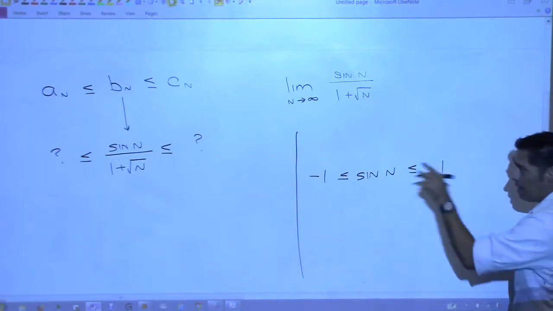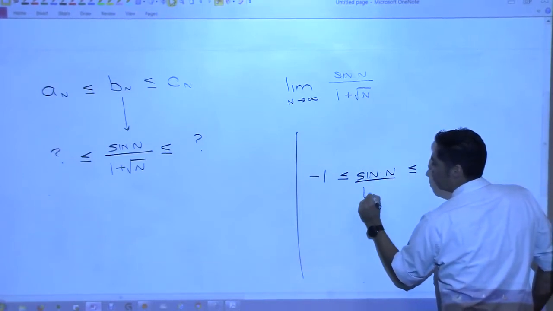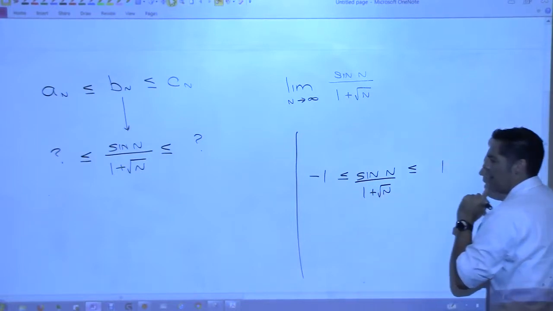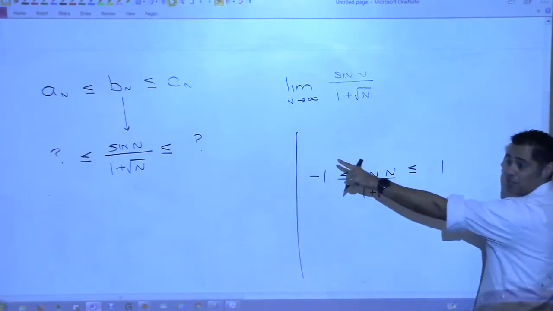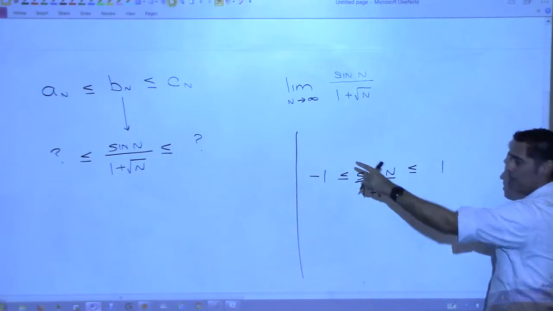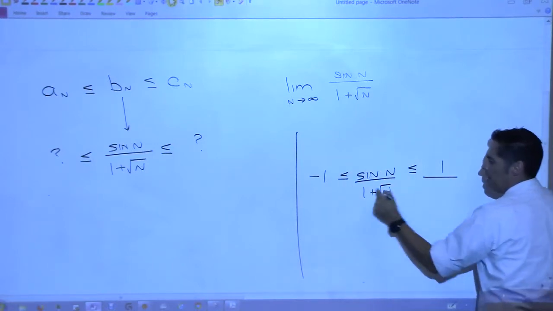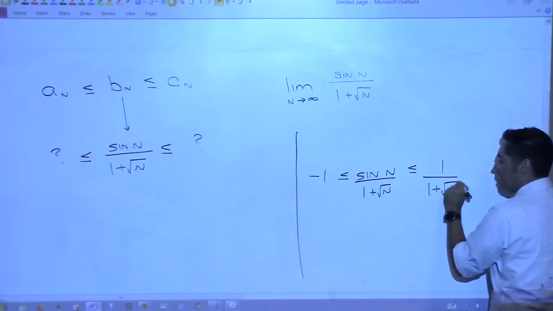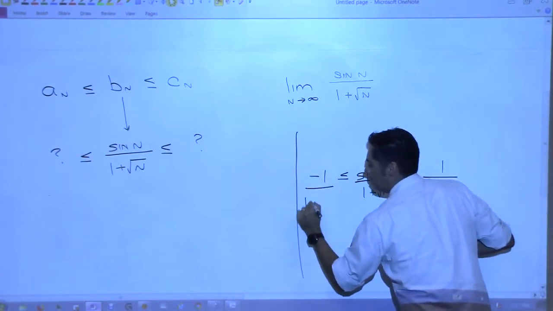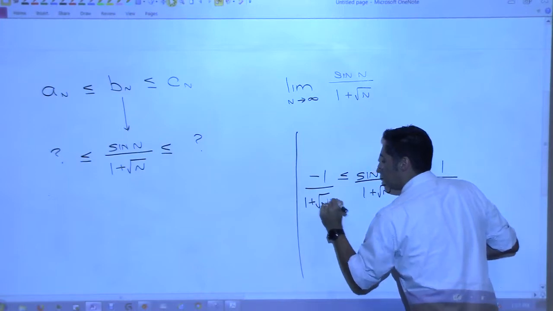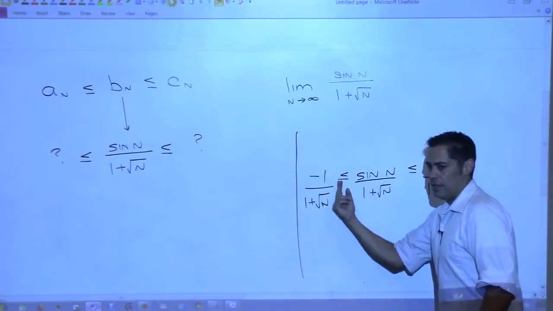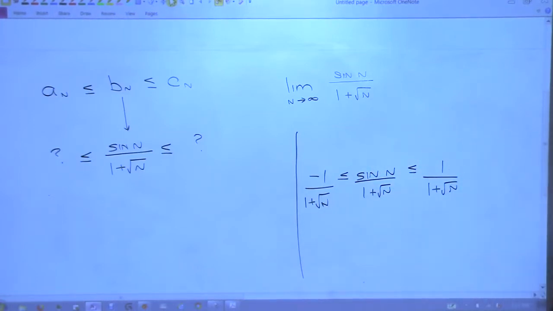But I'm going to divide by something very clever here. I'm going to divide by 1 plus root n. Why am I going to do that? Because it matches what I'm trying to squeeze, and I almost have a squeeze going on here. I have to divide this one by that, and this one by that. Do I have to worry about flipping these inequalities? Why not?